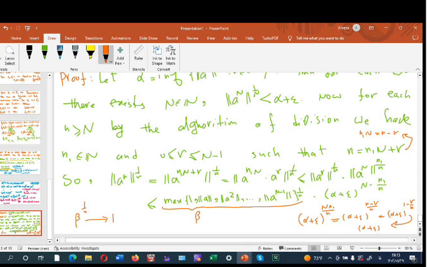If n tends to infinity, this beta to the 1 over n tends to 1, okay?